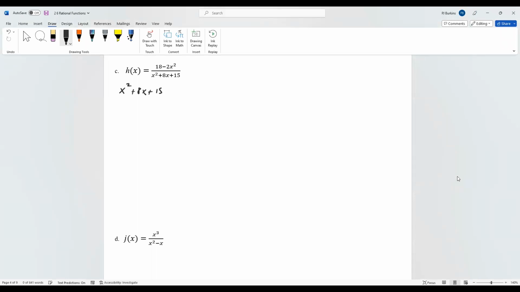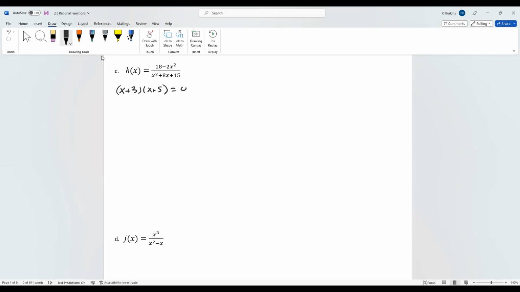I need two numbers that multiply to 15 and add to 8. So 15 is 3 times 5, and those just so happen to add up to 8. So that's fantastic. So those are my two factors, 3 and 5. So I get x plus 3 and x plus 5.